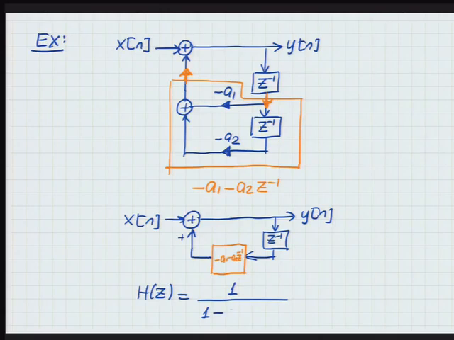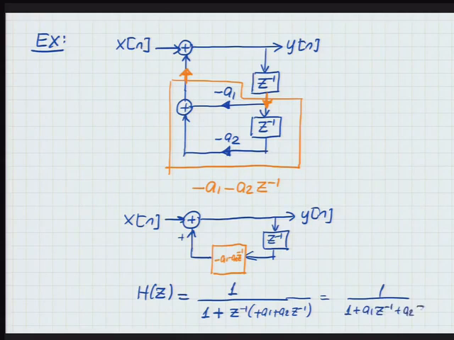And that means I have the product of Z inverse times negative A1, negative A2 Z inverse. Okay, so these negatives can be replaced, because if I put a positive here, these become positive as well. So what's the answer? 1 over 1 plus A1 Z inverse plus A2 Z to the negative 2. Okay?